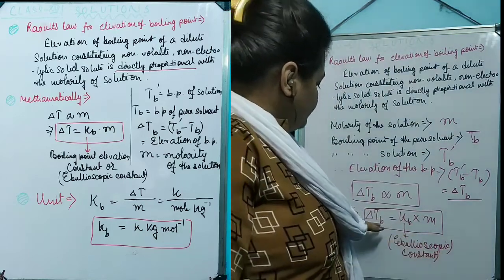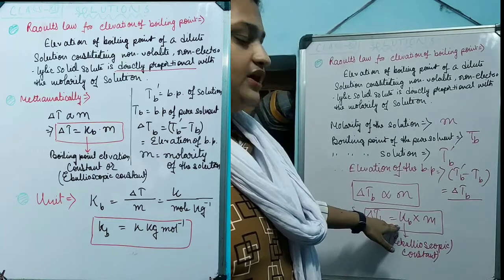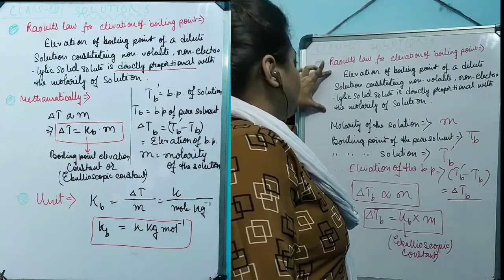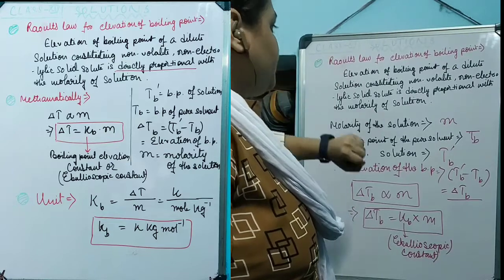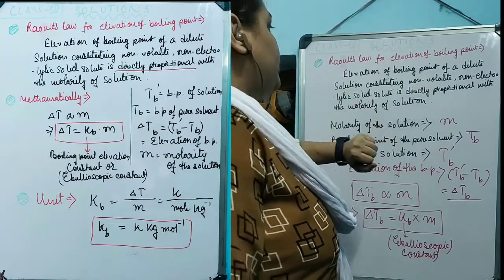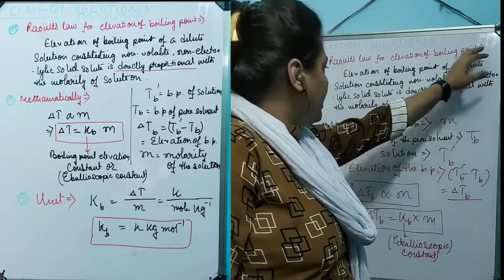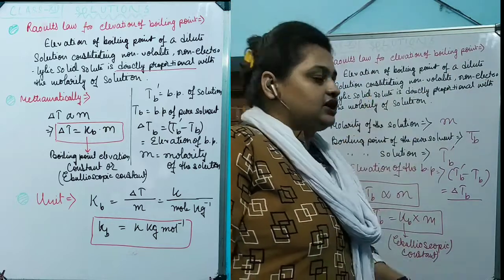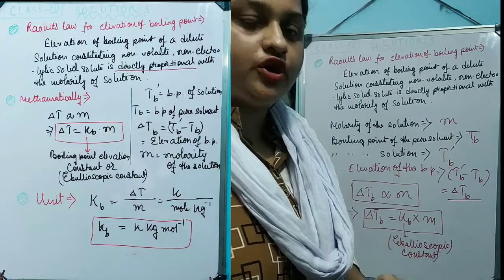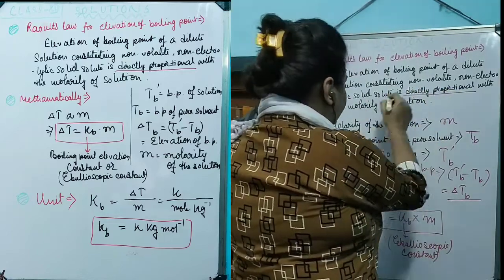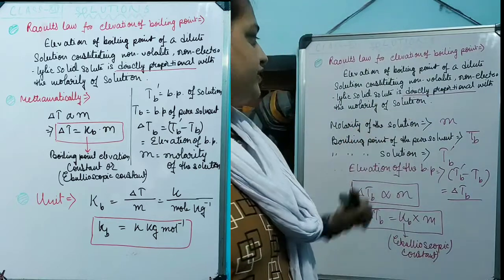Therefore, this is the mathematical expression for Raoult's law for elevation of boiling point, and in the upper portion I have written the statement: the elevation of boiling point of a dilute solution consisting of a non-volatile, non-electrolytic solid solute is directly proportional to the molarity of the solution.